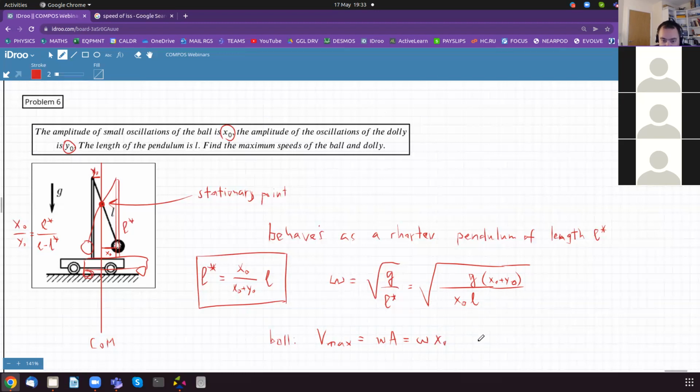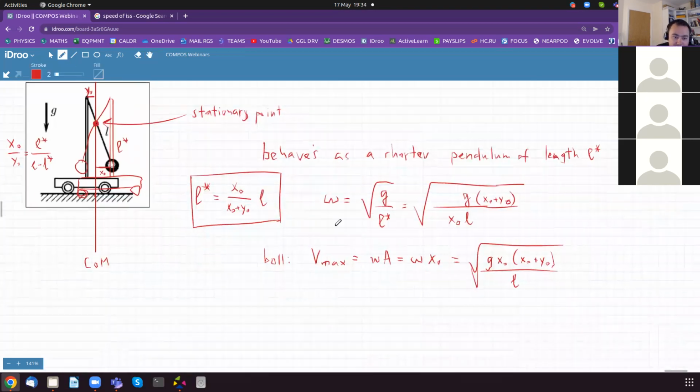We multiply that, so it's going to be the square root of g x0 plus y0 over L. Square root of L, that is.